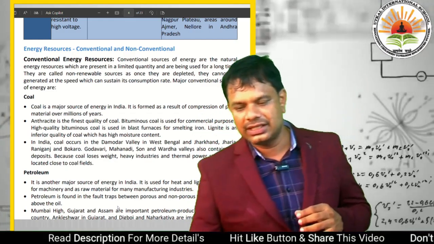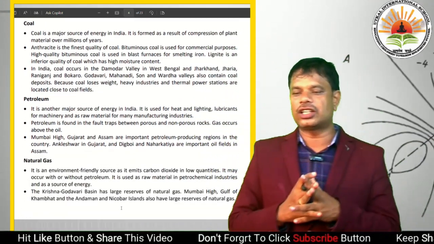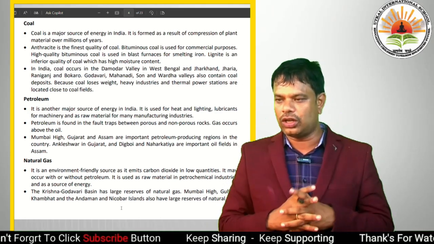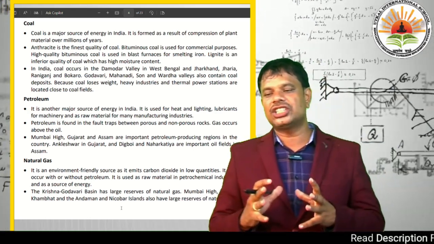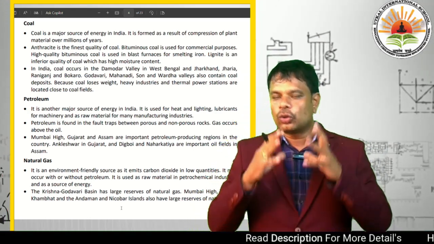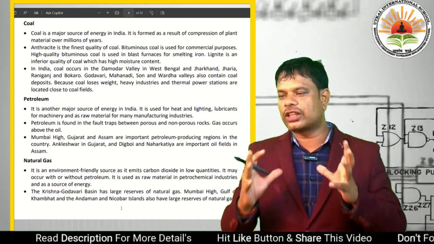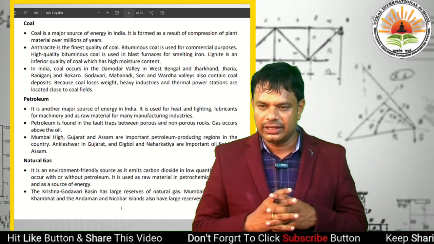Dear students, in India, coal occurs in the Damodar Valley in West Bengal and Jharkhand, Jharia, Raniganj and Bokaro. The Godavari, Mahanadi, Son and Wardha valleys also contain coal deposits.